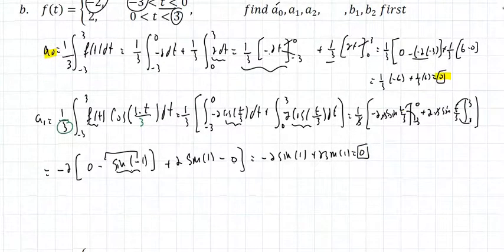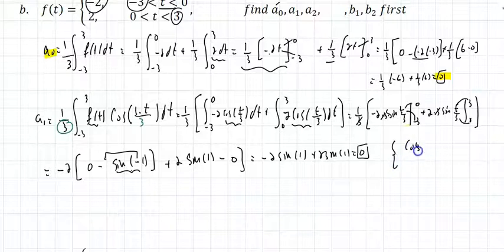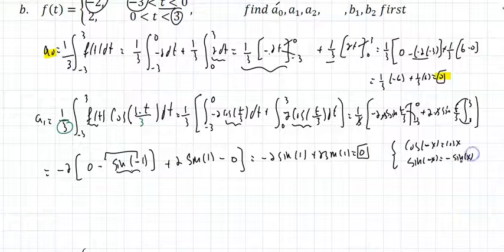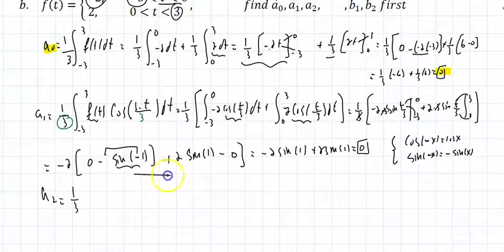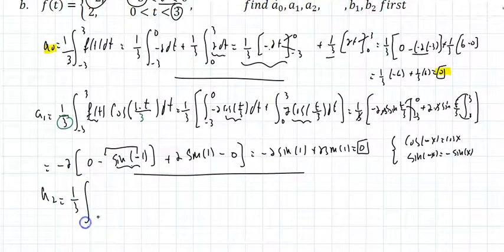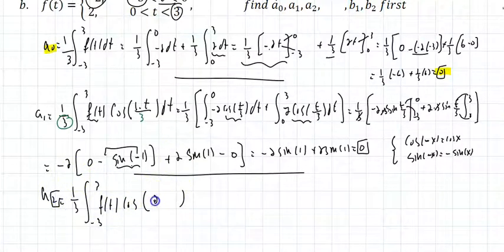If I find a sub 2, so remember, the cosine of negative x is the cosine of x, but the sine of negative x is negative the sine of x. Sine is an odd function. How about if I wanted to find a sub 2? A sub 2 is 1 over 3 the integral from negative 3 to 3 f of t, the cosine of 2t over 3 dt.